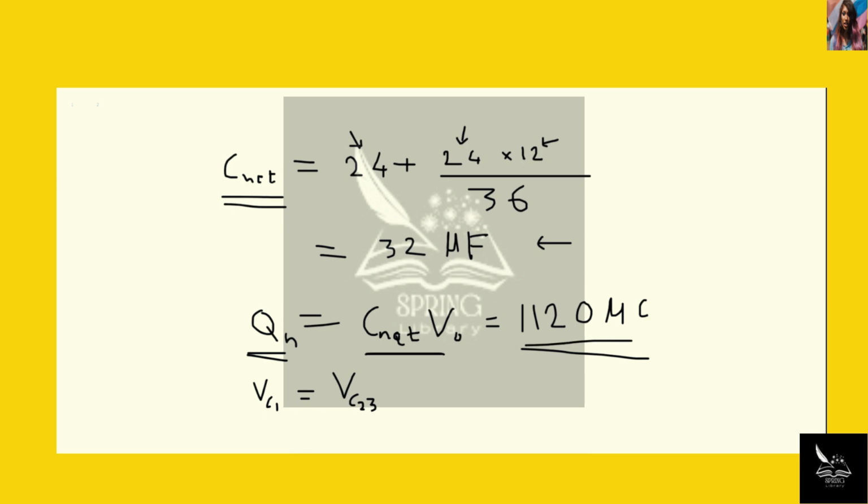Also notice that Vc1 is equal to Vc23. That is, the potential drop across C1 is equal to the potential drop across the series combination of C2 and C3.